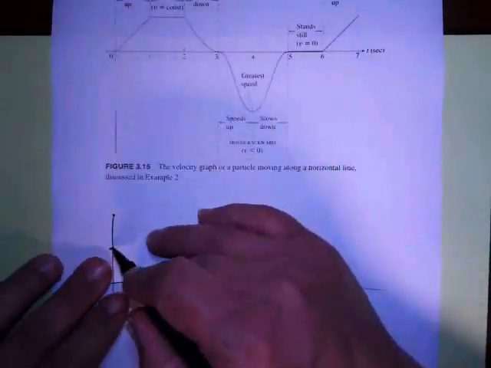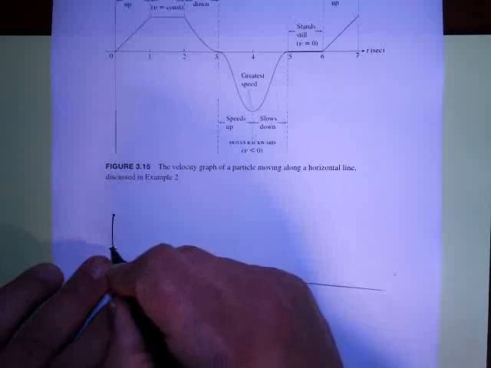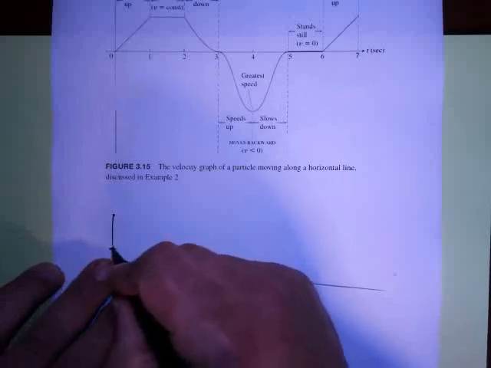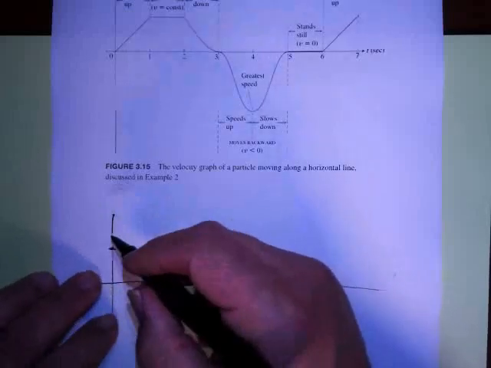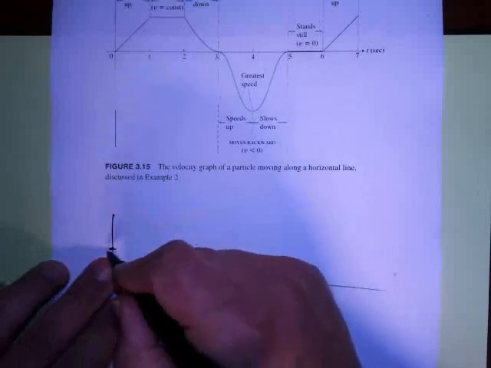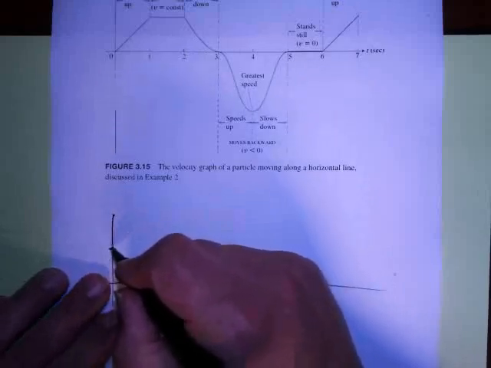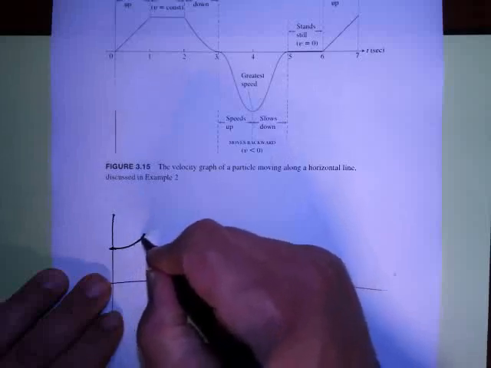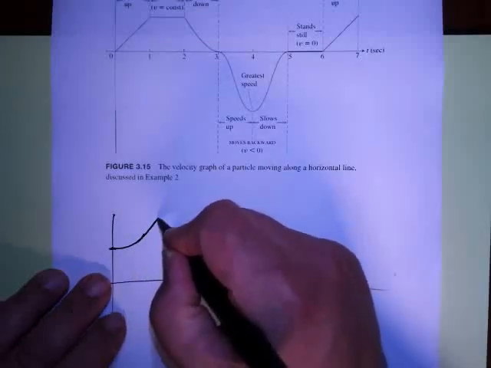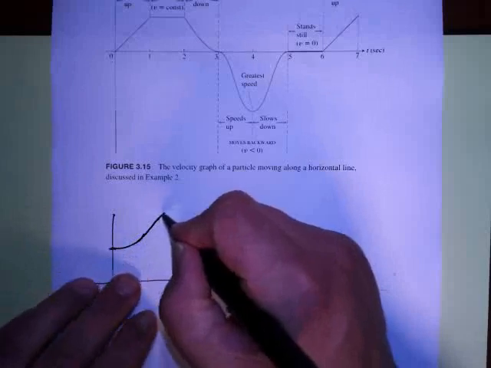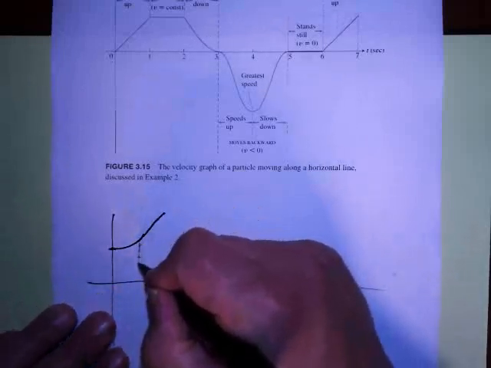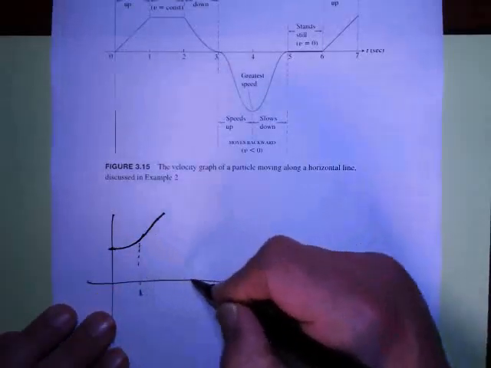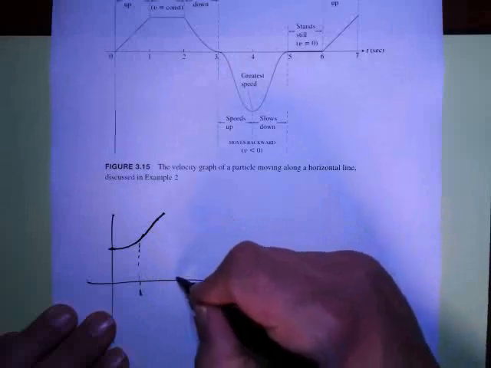So now it's moving in the positive direction, and it's speeding up. So it's speeding up like this, but then it reaches a constant rate. And so this here is your 1 and 2, right?